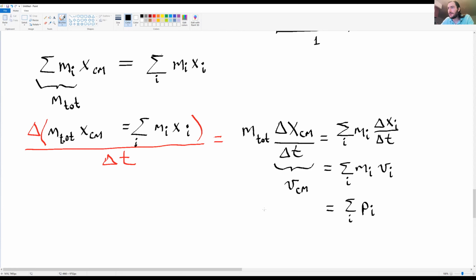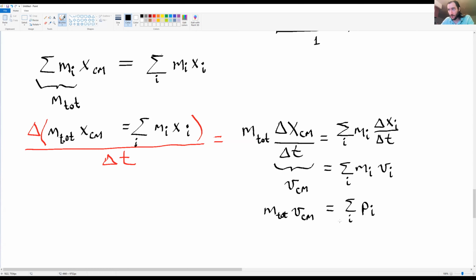And what it tells you is that instead of looking at this as a complex system with trillions and trillions of different objects, I can look at this as simply the total mass of that system times the velocity of its center of mass.